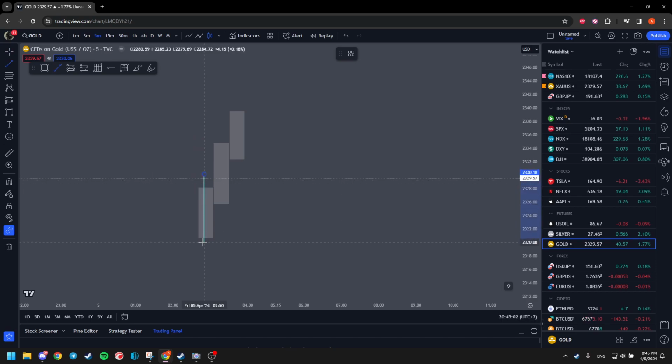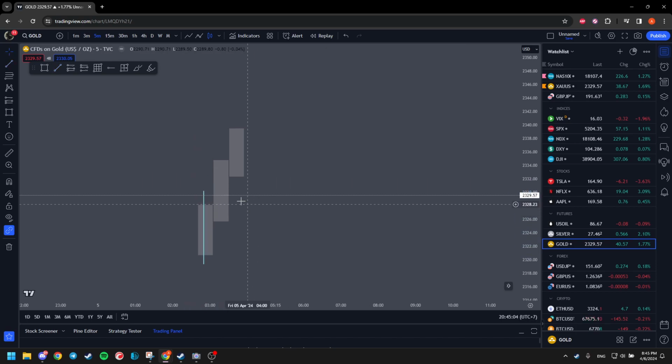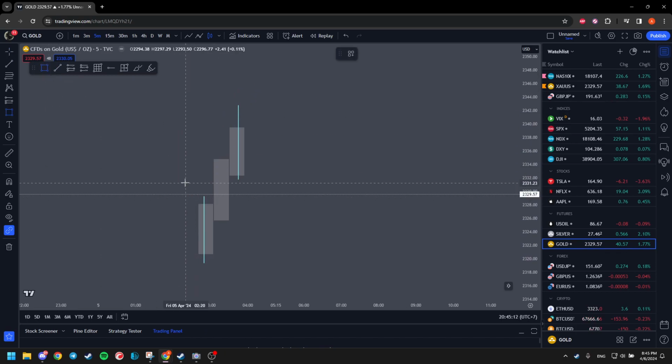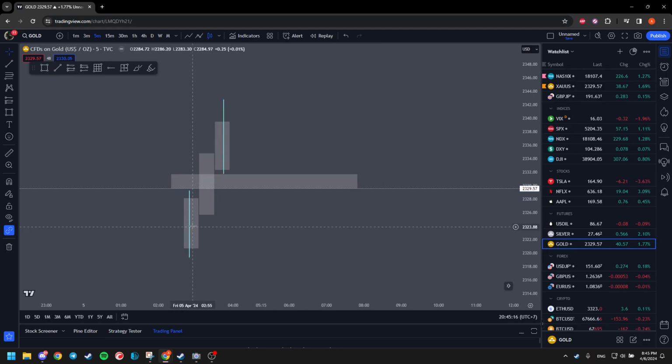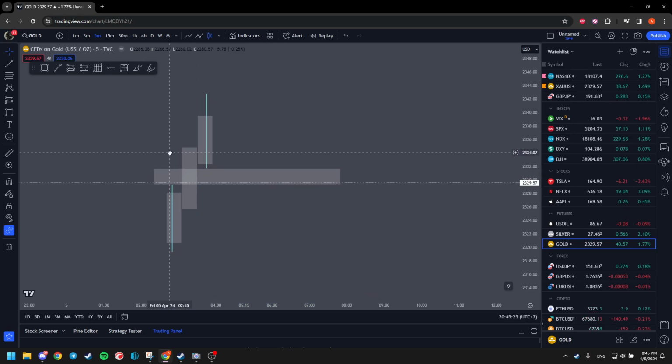For you to detect if it's a fair value gap, there must be no wicks in between the top candle's wick and the bottom candle's wick. So this little area here is considered a fair value gap.